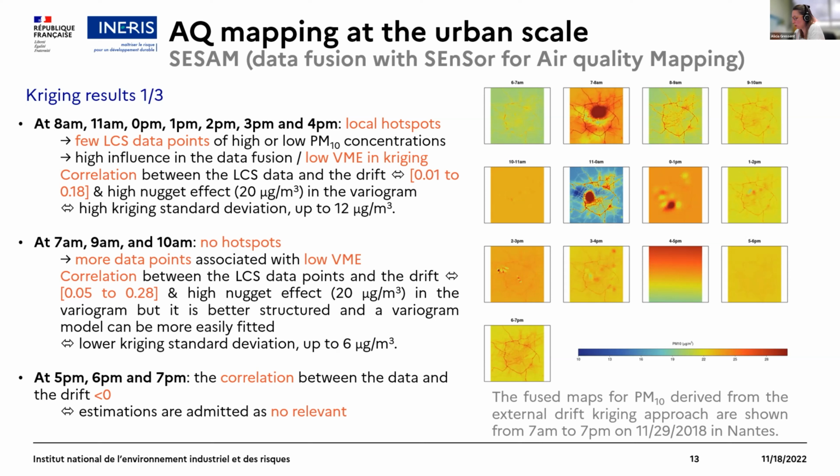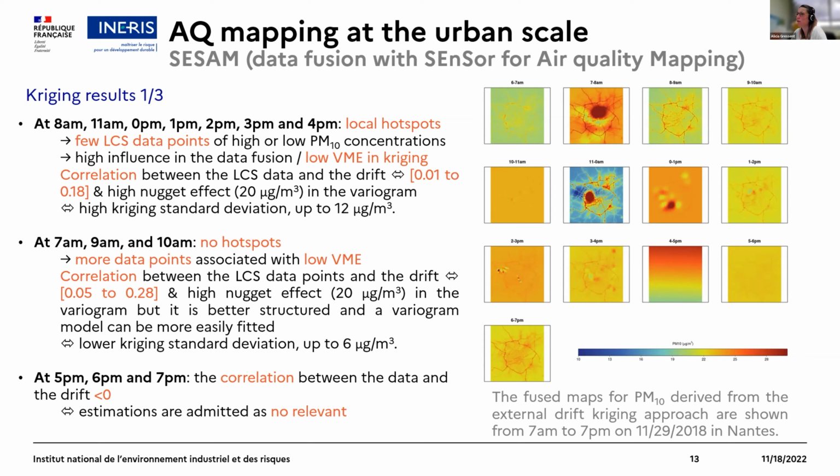And also for these hours, the correlation between data points and the dispersion model is not fully satisfactory. For other hours, so 7 a.m., 9 a.m., and 10 a.m., we can see that we don't have this kind of hotspot.